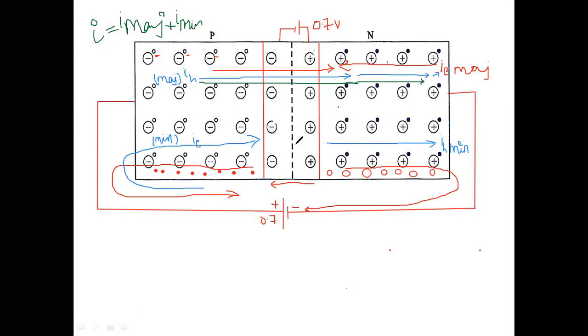This is the current due to minority charge carriers flowing from P to N, and here also it is flowing in the same direction. Since the currents are flowing in forward direction from P to N, this type of bias is called forward bias. That's why the name forward bias, right?